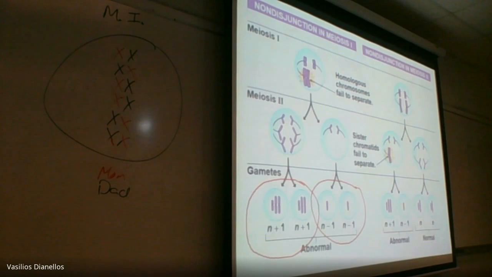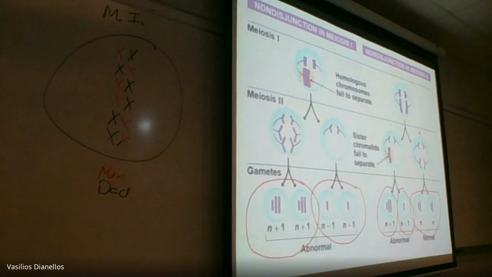Now, if it happens in meiosis 2, at least you produced 2 normal cells during your first round, right? Then this thing messes up. So now you have these 2 that are messed up. This one has 1 too many chromosomes. This one has 1 too few, but at least these 2 are normal. So I doubt I would ask this, but if I asked any questions, it would be for extra credit.